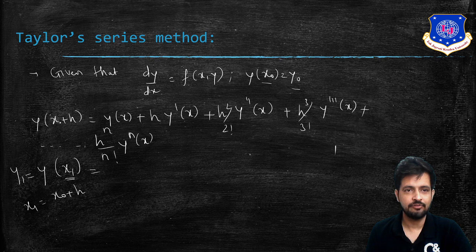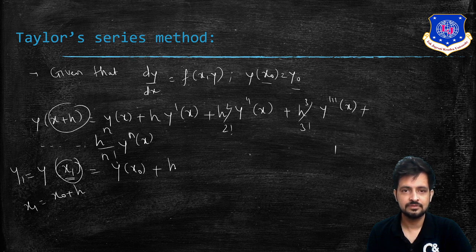Instead of x I have to take x0 because I want to find y of x1. You can compare these: x1 is equal to x0 plus h. So my x will be x0, and this can be written as y of x0. This is the formula to find y1.